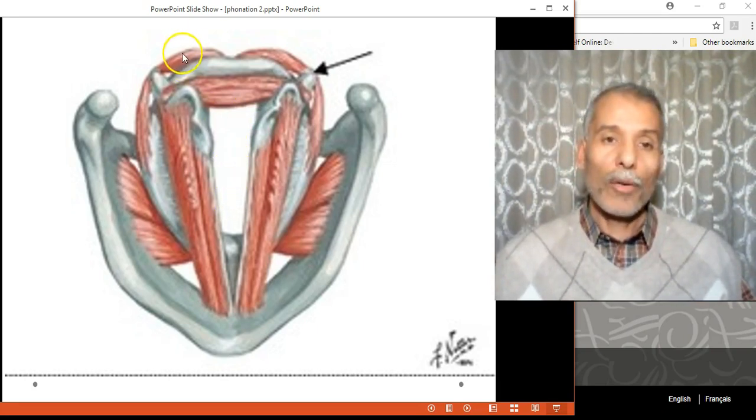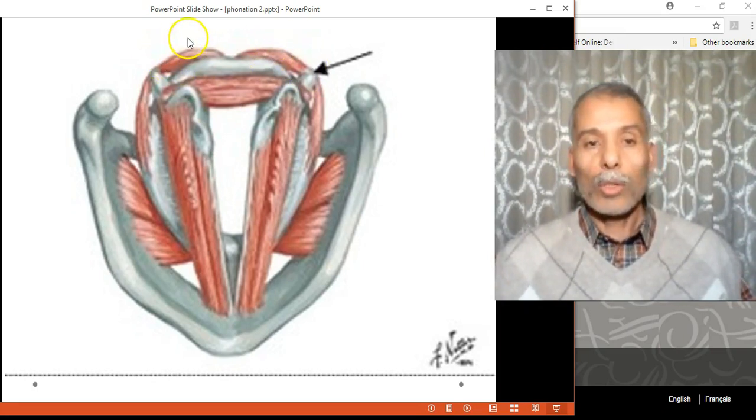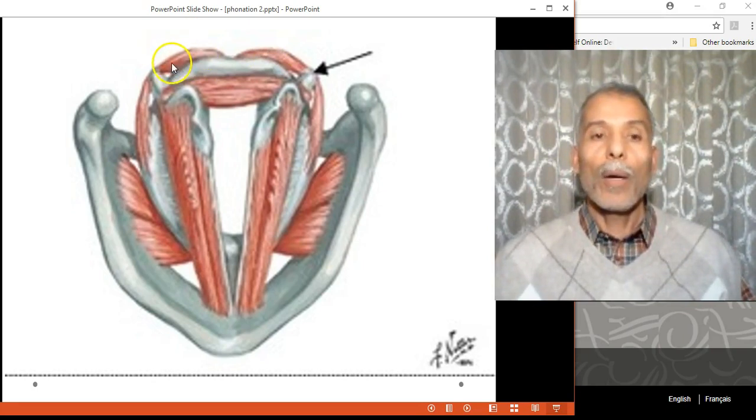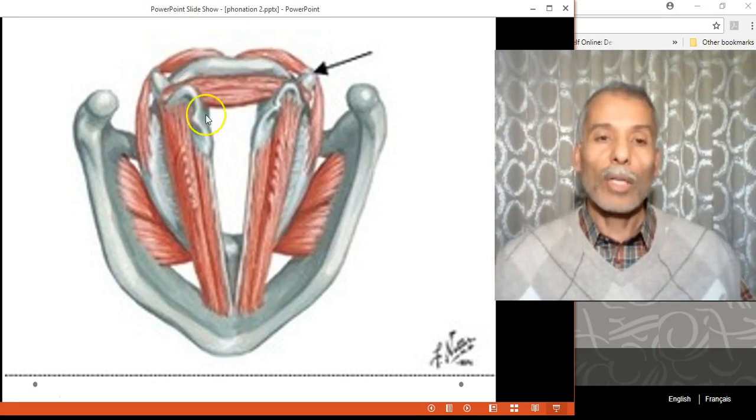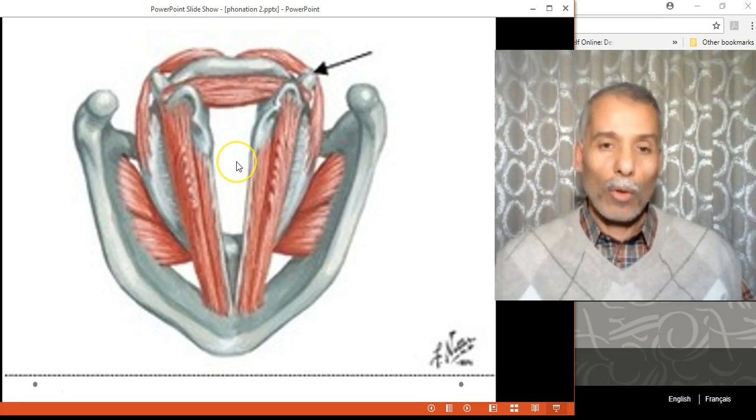And then the posterior is going to contract bilaterally, and then it will swing the lateral base away laterally from the midline to open the vocal folds, so to abduct the vocal folds.